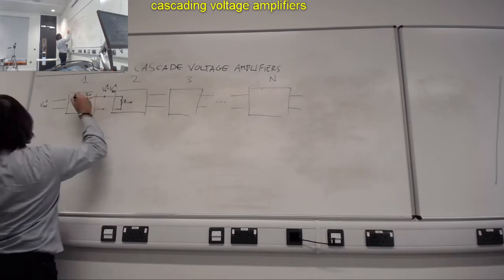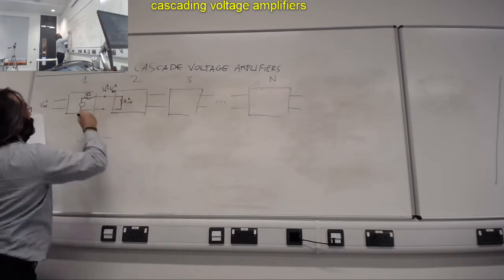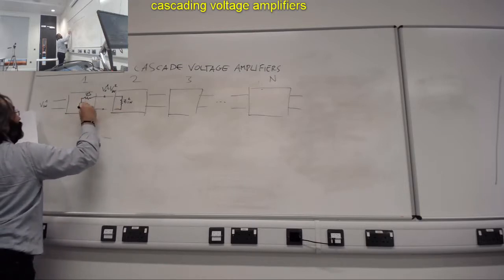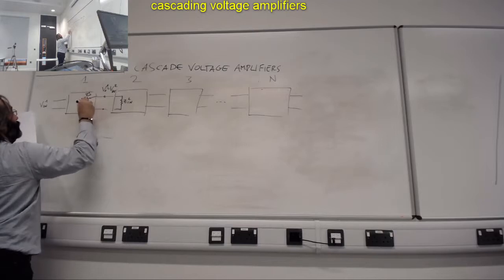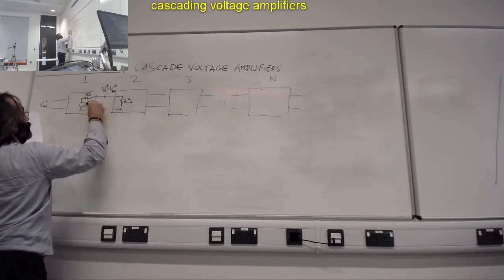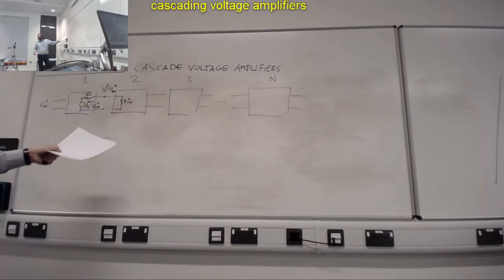This is Z output 1. This is AV infinite 1 times V in 1. This is a voltage divider, isn't it?